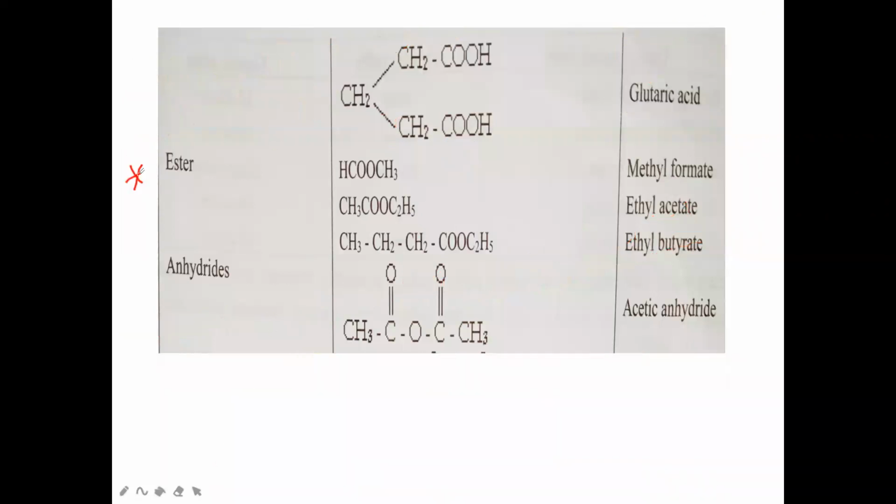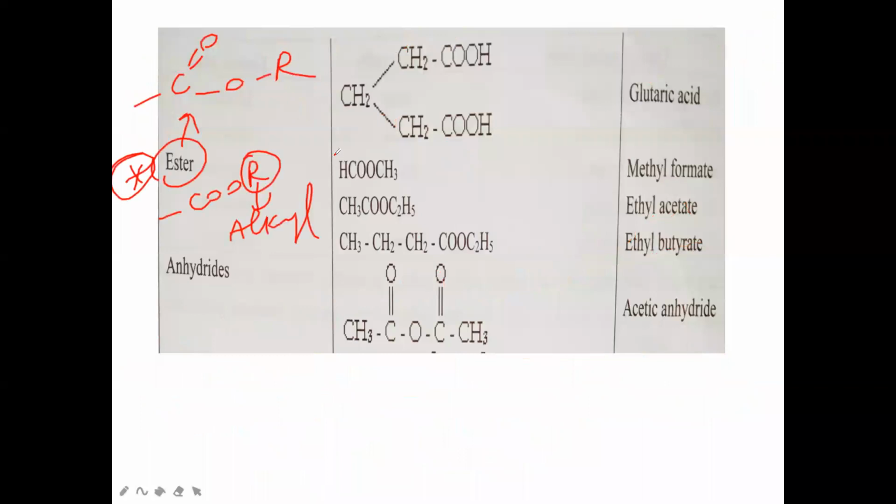Now come back to esters. The ester functional group is COOR. What is R here? Alkyl. It may be methyl, ethyl, propyl, butyl, any alkyl group. In COOR, C double bond O is present.